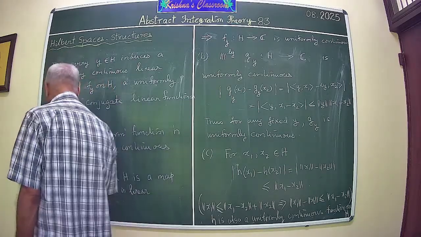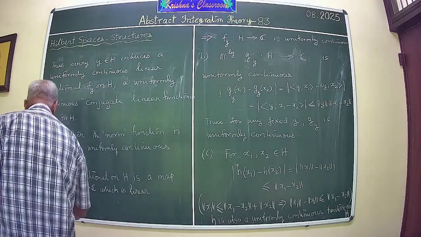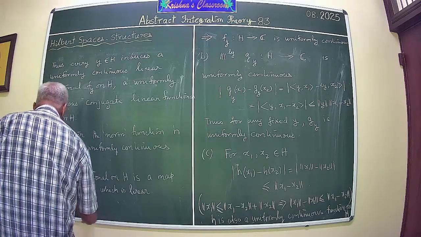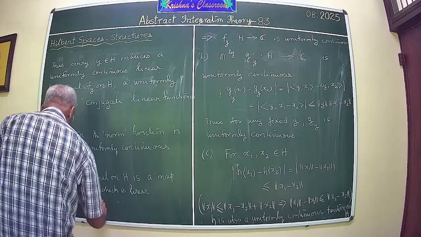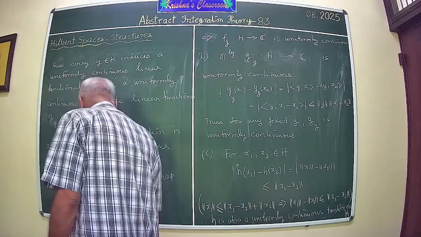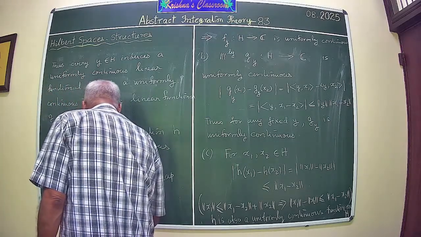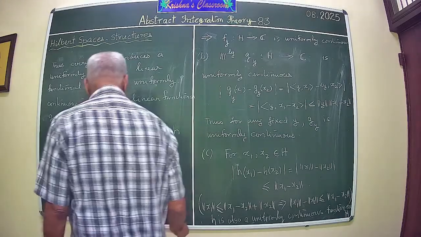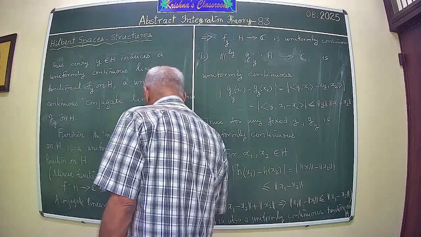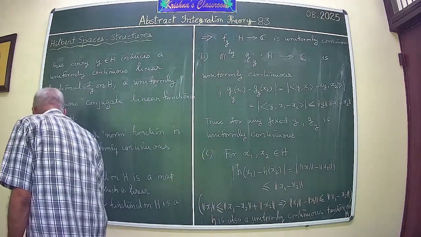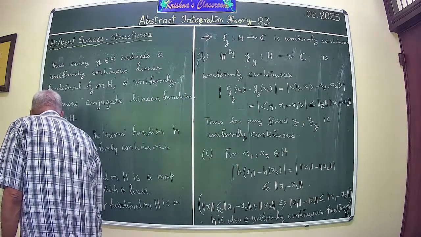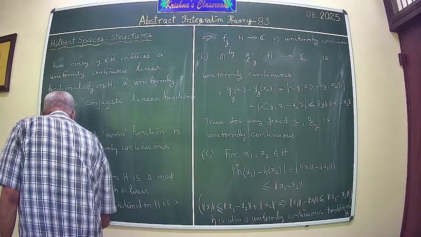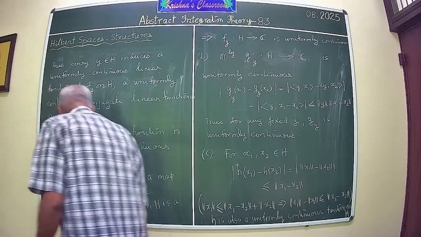Similarly, a conjugate linear functional is a map G from H to C which is conjugate linear.